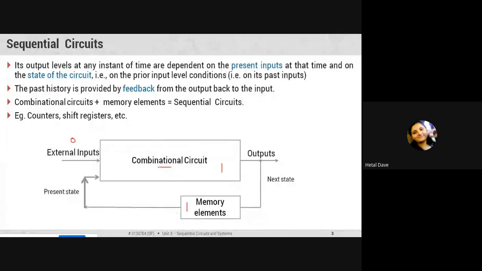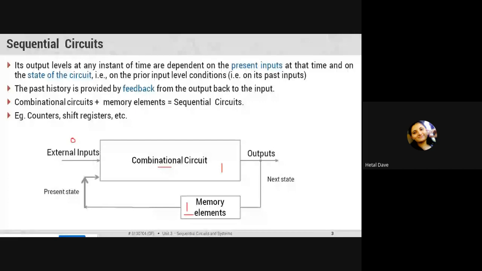So this 1 is called the present state of the circuit. The external input is 0, and whenever an external input is applied, the combinational circuit gives either 0 or 1. So 0, then present state 0; 1, then present state 1.